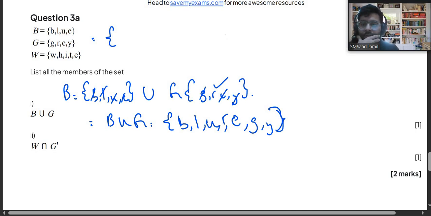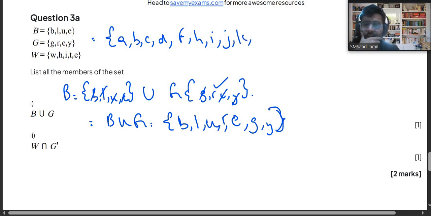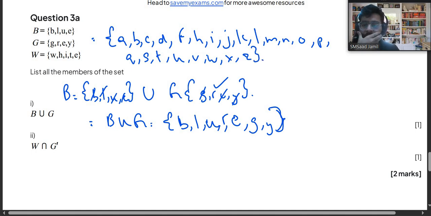So A, B, C, D, E, F, G, H, I, J, K, L, M, N, O, P, Q, R. You will not also write R because it's already in grey. S, T, U, V, W, X. We will not write Y and we will just write Z. So this is G complement.